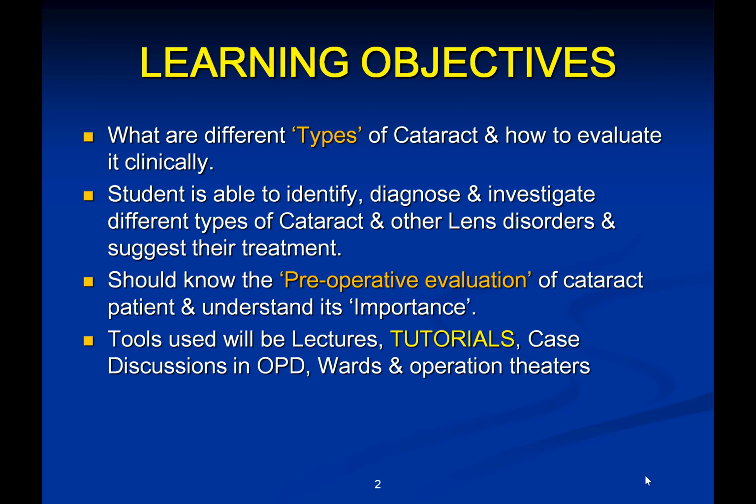You should also know the pre-operative evaluation, very important, of a cataract patient, and understand its importance and significance, because better evaluation will lead to better visual prognosis. So today's lecture or tutorial is basically to discuss these objectives.